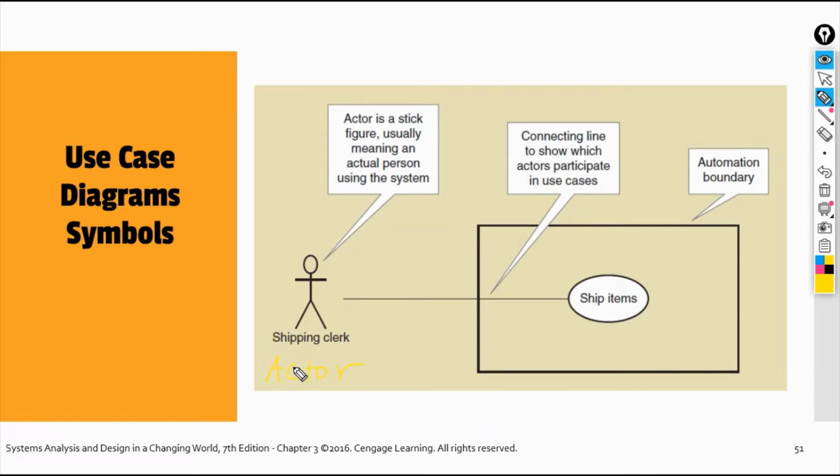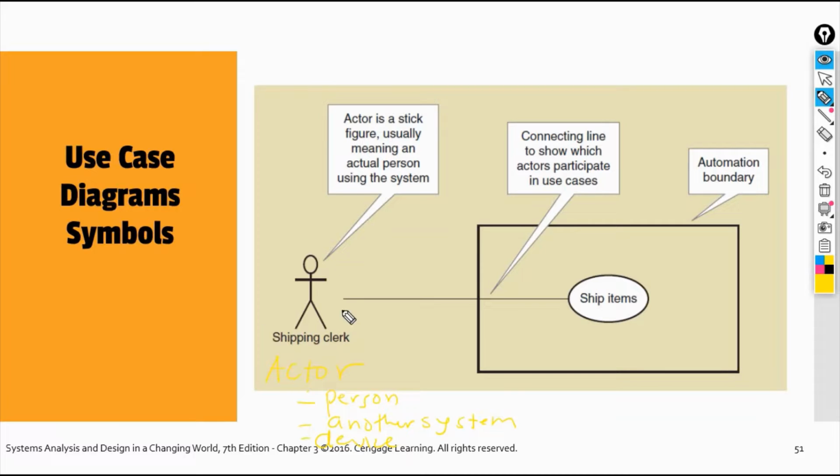Sometimes the actor for a use case is not a person. Sometimes it could be another system. So it could be a person, an end user, or another system, or probably a device also, that receives services from the system.